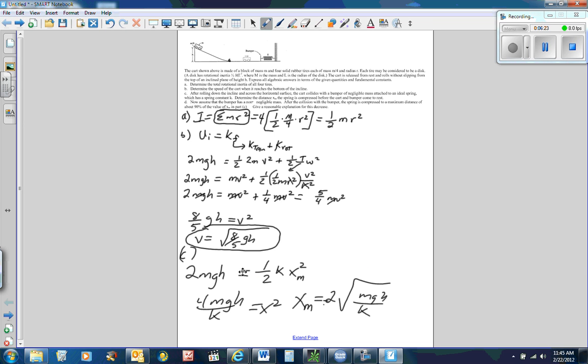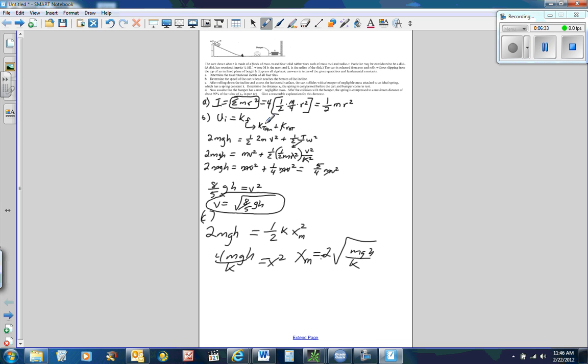Okay, that's C. Now D says now we're going to assume that this bumper, which is the little flat part here, does have mass. Well, now it only compresses 90%. In other words, take 90% of this, and so there's 10% missing. What happens?